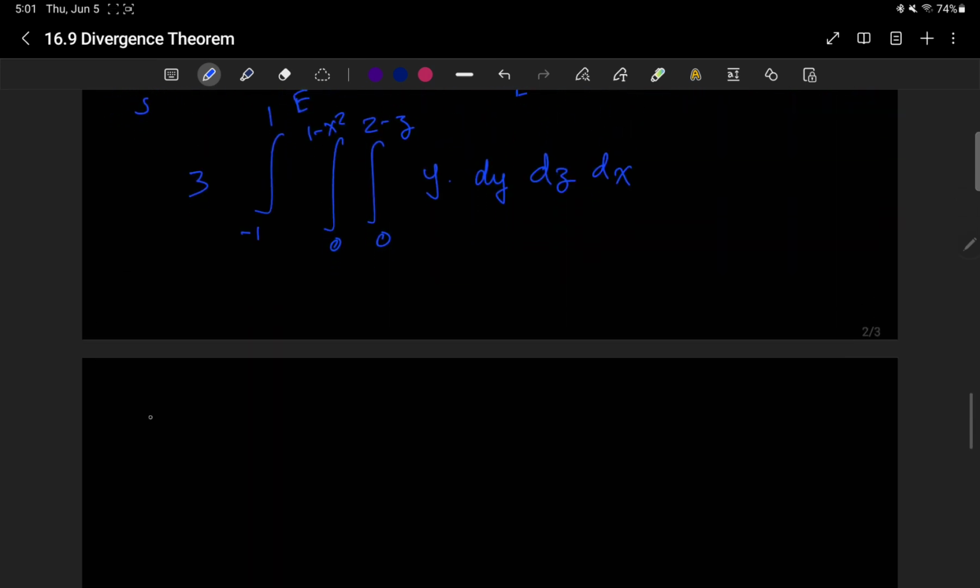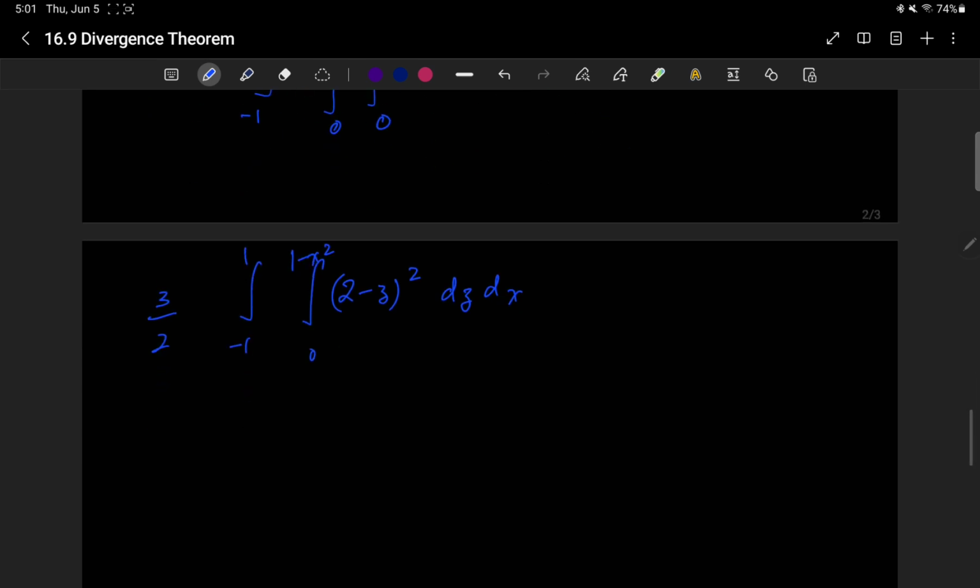So you have the first integral gives you 1/2 of y squared, which makes it a 2 minus z squared dz dx, 0 to 1 minus x squared, negative 1 to 1. Then this will give you a 1/3, a 2 minus z cubed, but with a negative, from 0 to 1 minus x squared, negative 1 to 1 dx.